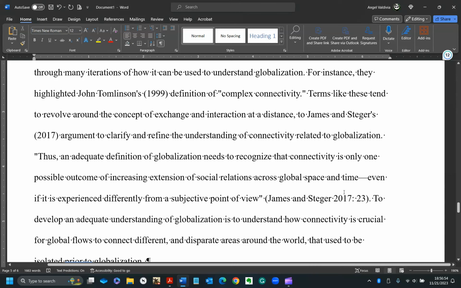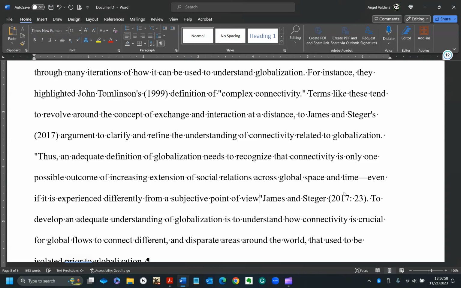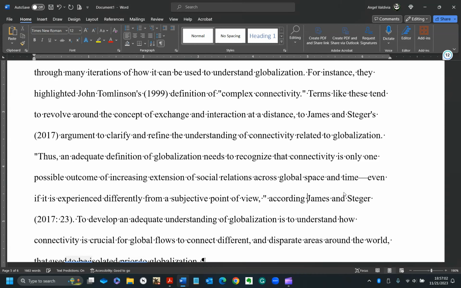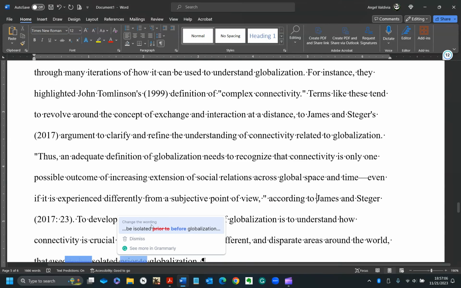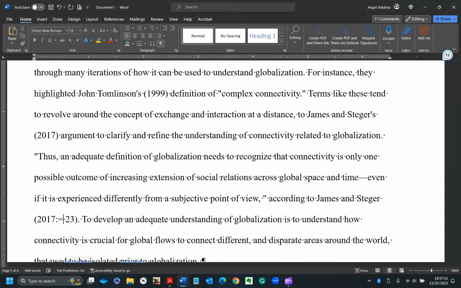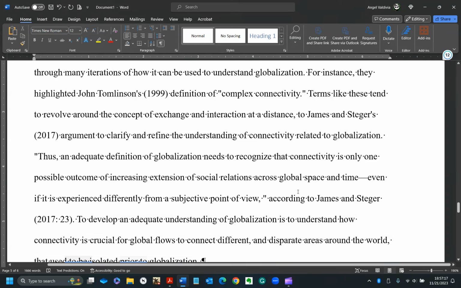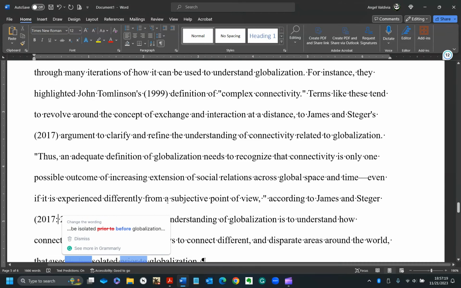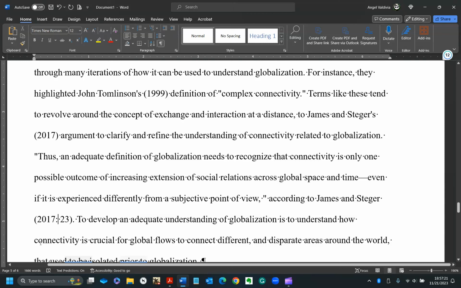Let me just show you very quickly. So that's one way it could look, or it could look something like that. I just don't want to make it more confusing than it needs to be. Now I'm going to go back to the original format that I had.